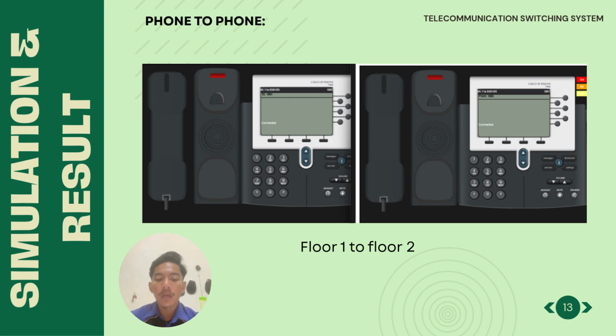Both phones are successfully registered with the Cisco CME router, allowing the call to be established without any issues. This result confirms that the VoIP configuration and communication between different VLANs are working correctly.